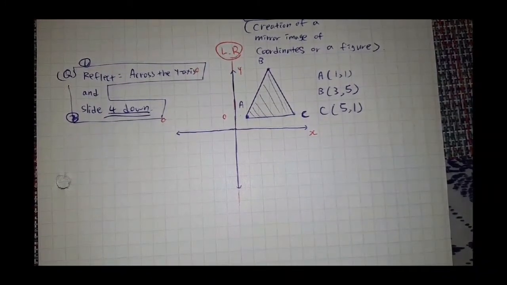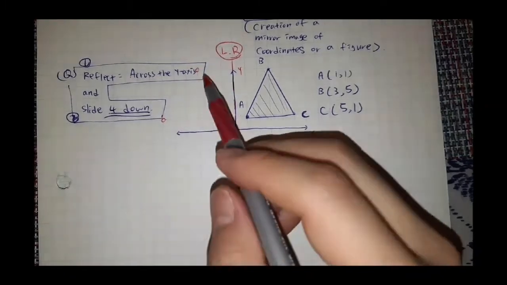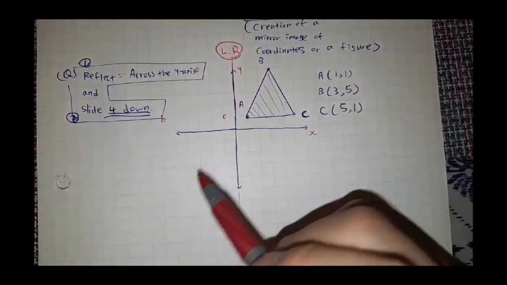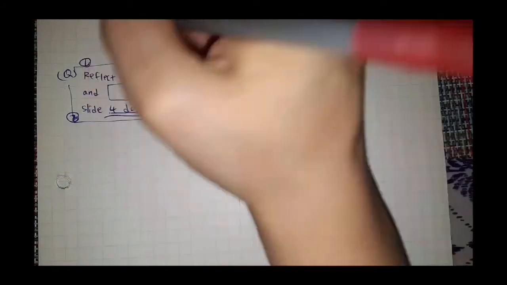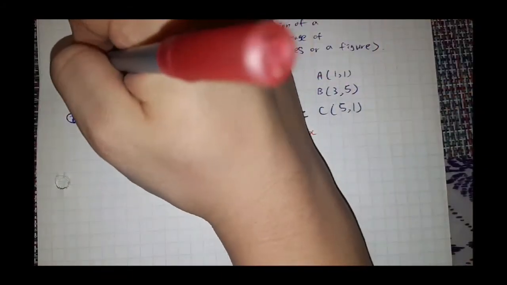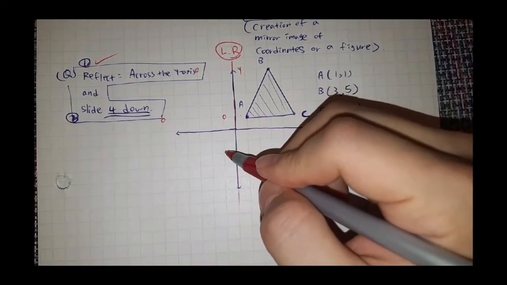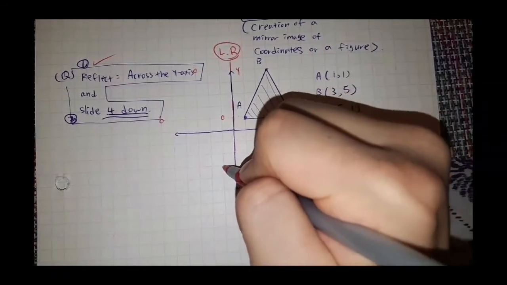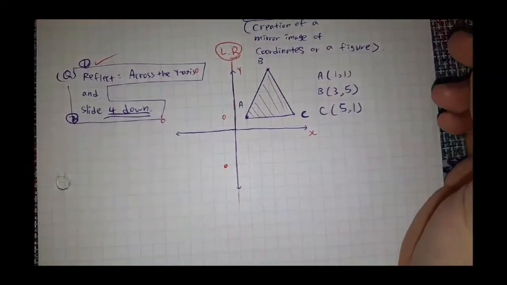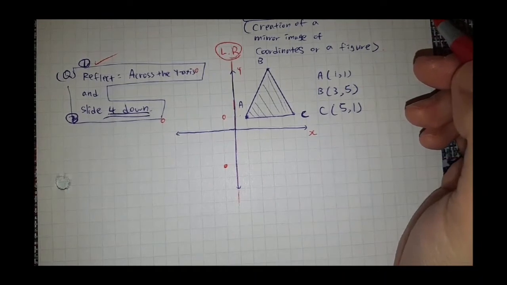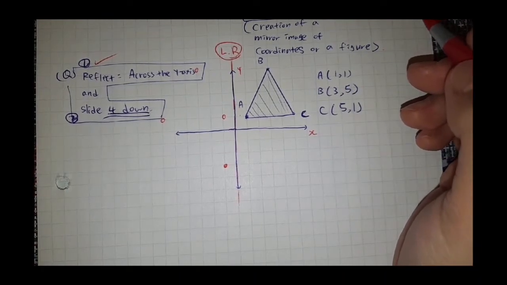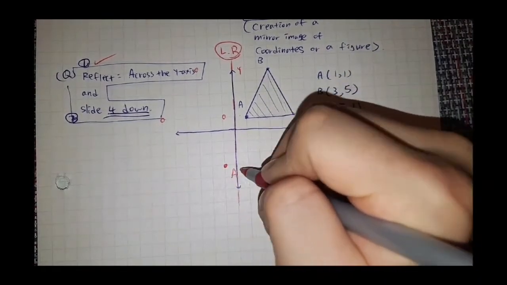Now note the fact that I did not draw anything or make a solid dot is because what we just did is our first step, reflection. Now what we need to do is translation, 4 down. So I go 1, 2, 3, 4, 4 down. That will be my confirmed new coordinates of our A prime.